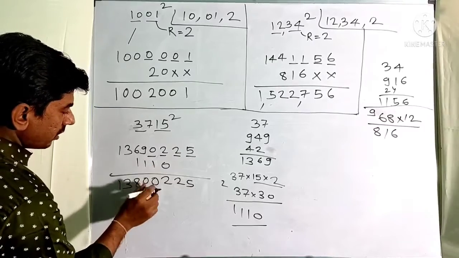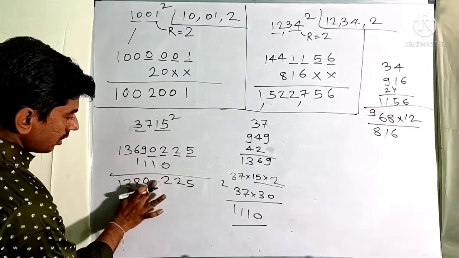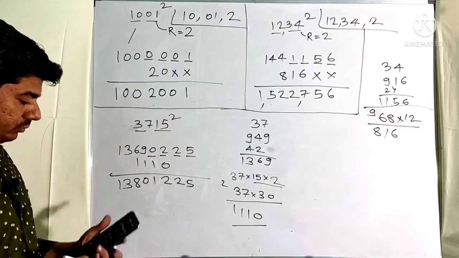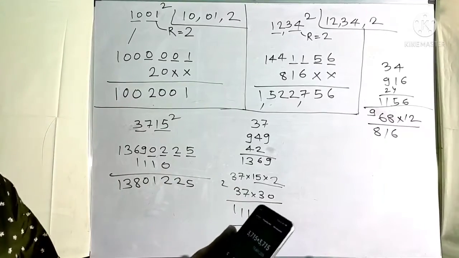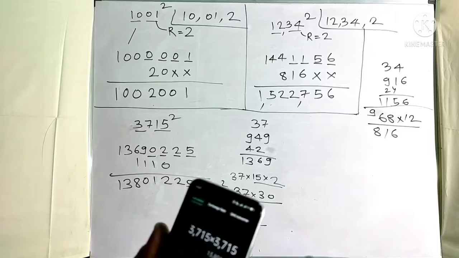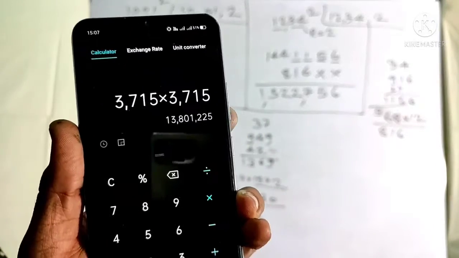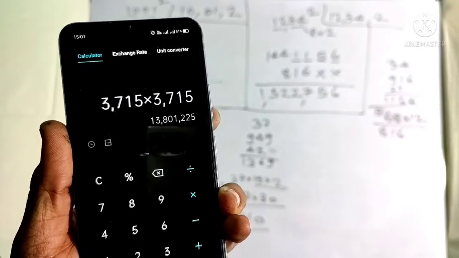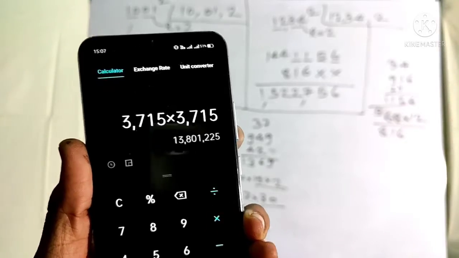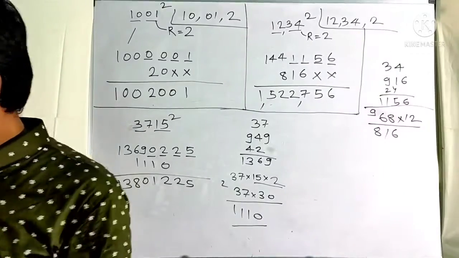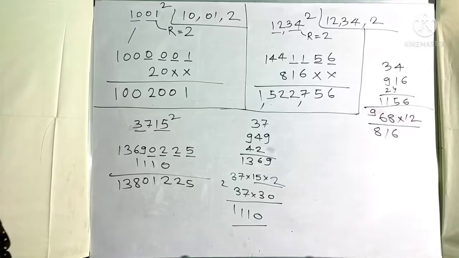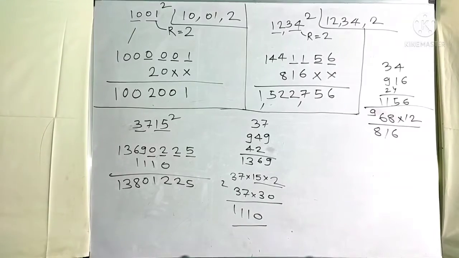It is actually 111, therefore here will be 1. See, the answer is correct. 13 801 225. The product of 3715 and 3715. Let us take some more examples.